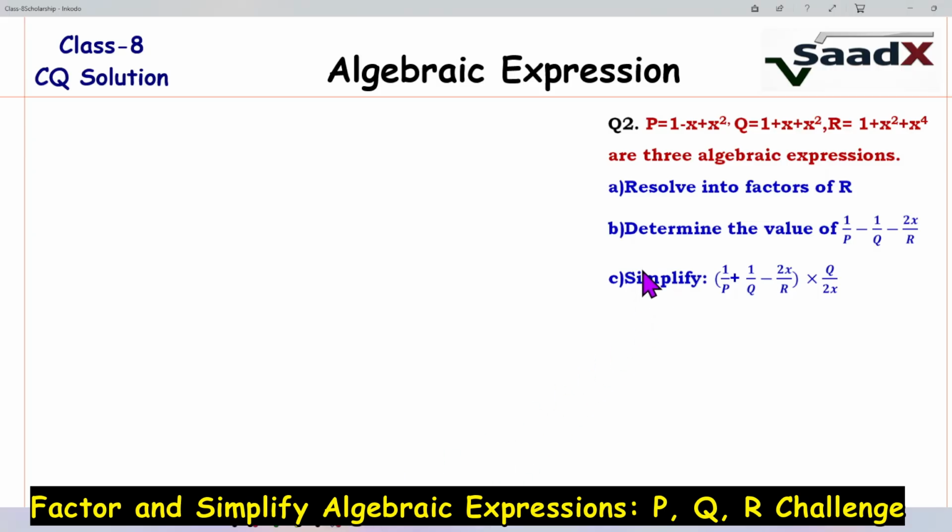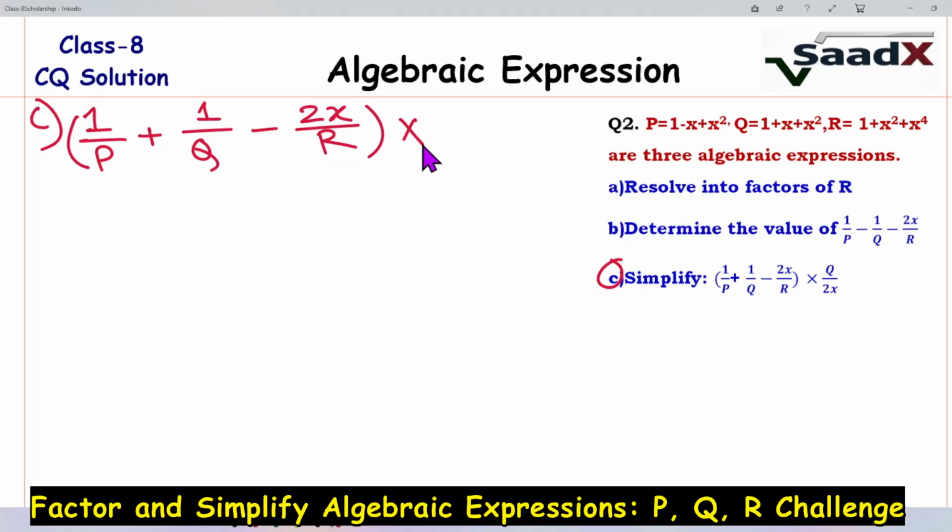Number C, which is most important, here we will simplify. Number C, this one is 1 divide P plus 1 divide Q minus 2x by R, and times Q times 2x. Right? Now look, step by step we will try to solve this one.